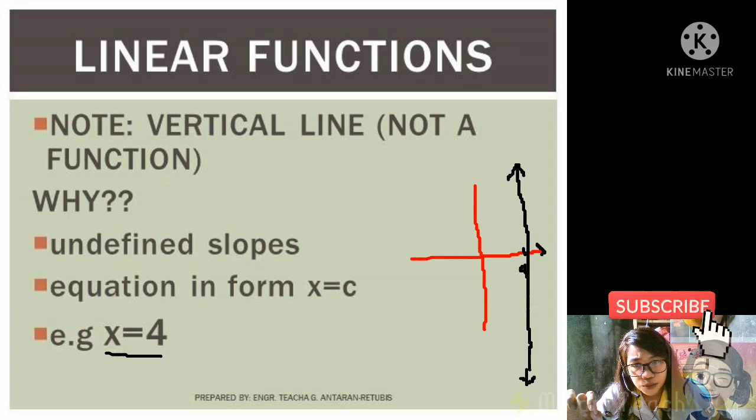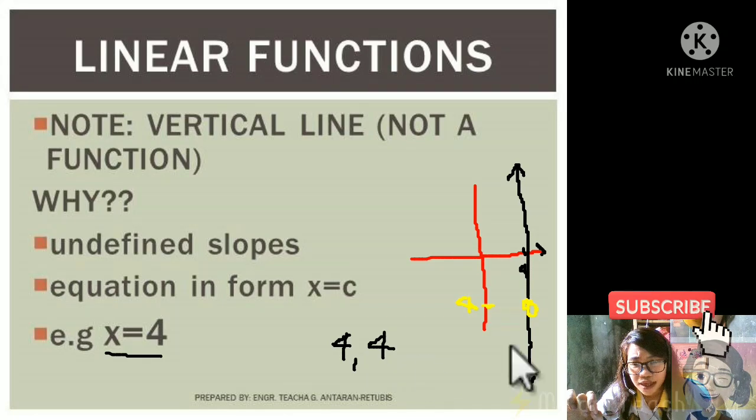Let's use yellow. Let's take at this point here. Can you see it? The yellow one. So let's say this is 4, and then the equivalent y is, let's say, 4 also. Okay? So our point will become, let's say, 4, 4.